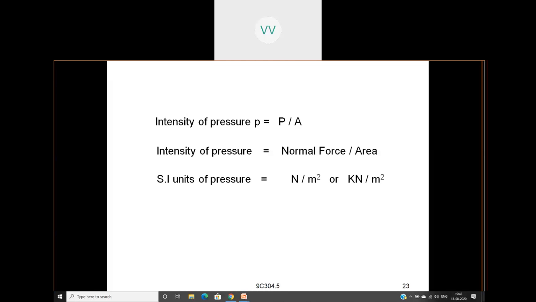The SI unit of pressure: the unit for force is Newton and for area is meter square, so kilonewtons per meter square. Then it is Pascal, given by Pa. So 1 Pascal is equal to 1 Newton per meter square. The other unit for pressure is bar, which is 100 kilonewtons per meter square.